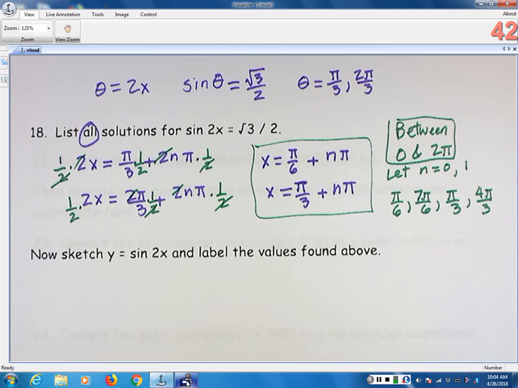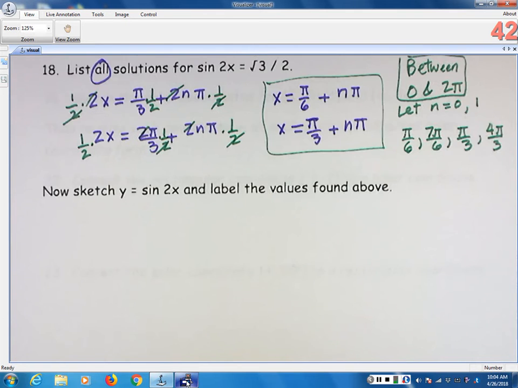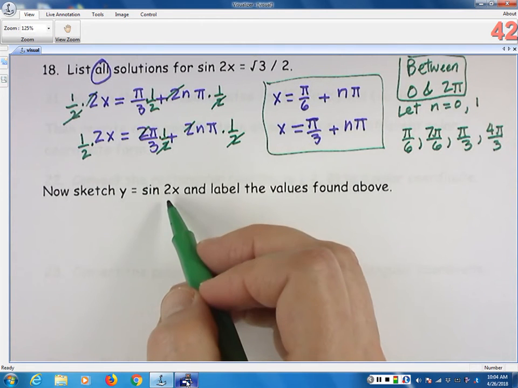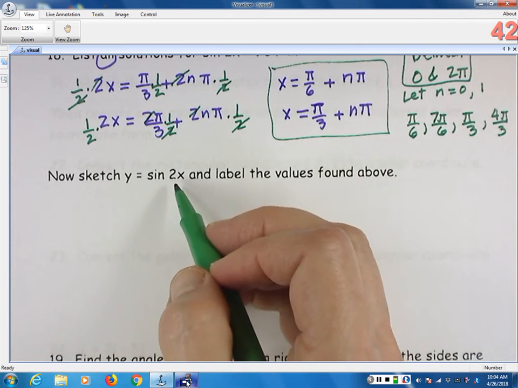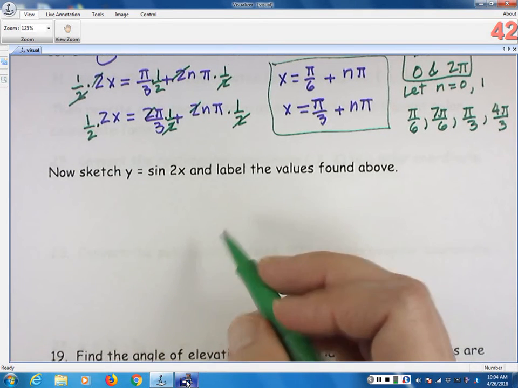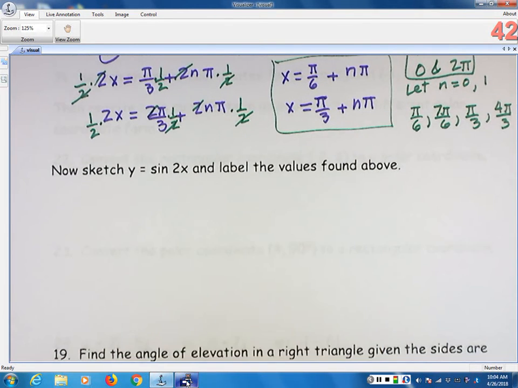Okay? All right, now this sketch, now we want you to sketch y equals 2 sine x. So we're going to sketch that.